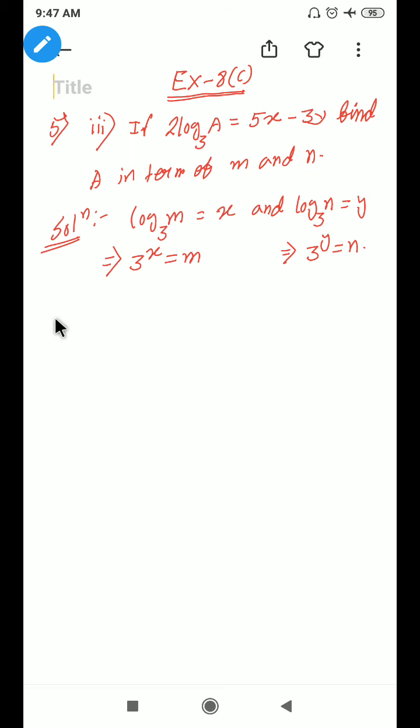Now you have to convert a in terms of m and n. So 2 log a base 3 is equal to, here is given, 5x minus 3y.